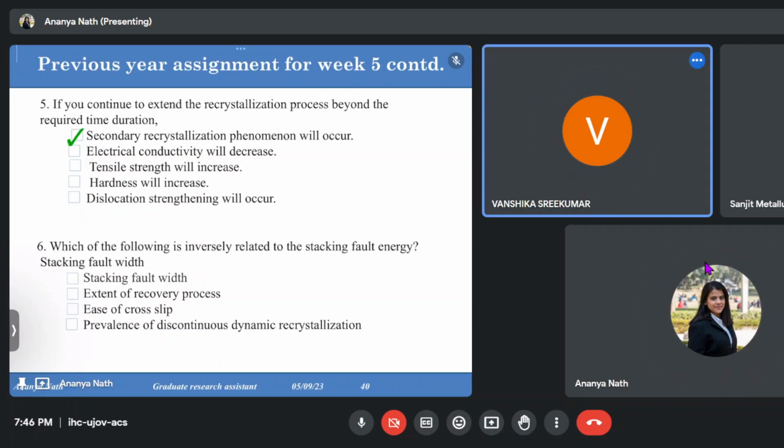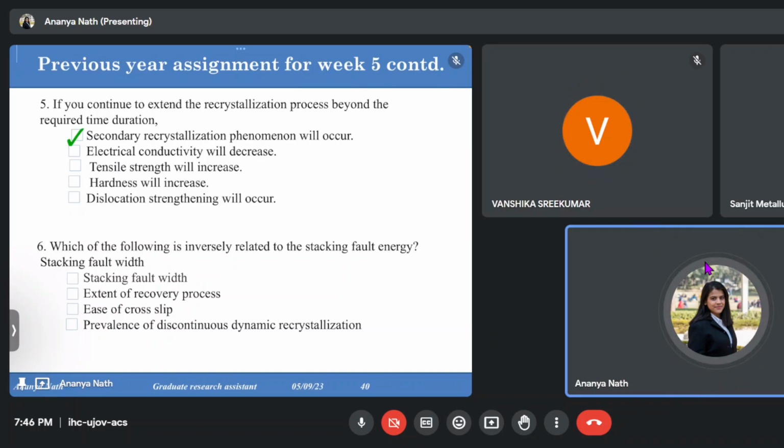Okay. But this electrical conductivity is not like dislocation movement. This electrical conductivity is related to the electron movement inside the atoms. So it's not dependent upon the dislocation movement. To some extent it's dependent. This is why for recrystallization, for new strain free grains, the electrical conductivity was increased.